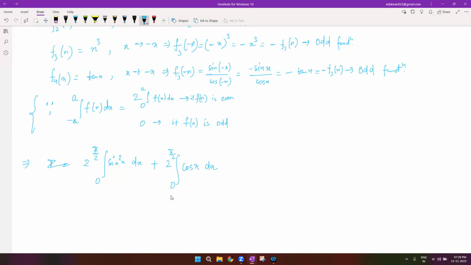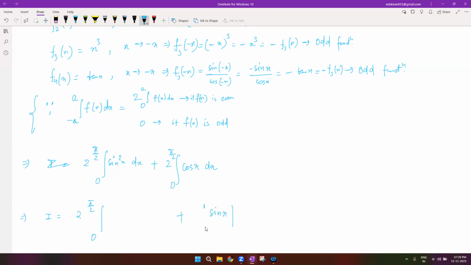That we can do directly because we have the formula. And we also know how to integrate sine square x. Can anybody tell me how to integrate sine square x? We have already done that in the class. Anyone?